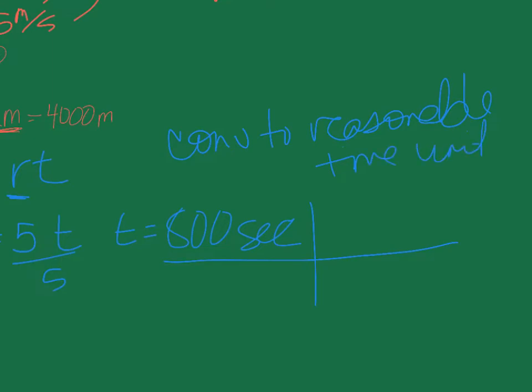So we know that 1 minute is 60 seconds. You should be able to do this without me. And 800 divided by 60 is 13.3 minutes. It's actually 13.33333, but we just leave it as 13.3.